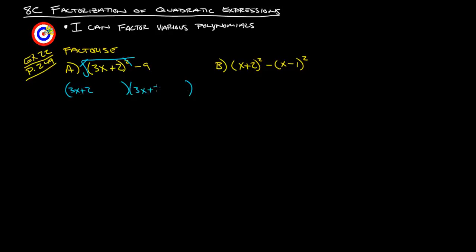So 3x plus 2 goes in both of those, and then the square root of 9 is just 3, so that's going to be 3 and 3. One's positive, one's negative, and then you can simplify the 2 and the 3 here and the 2 and the negative 3 here, so you just get 3x plus 5 times 3x minus 1.